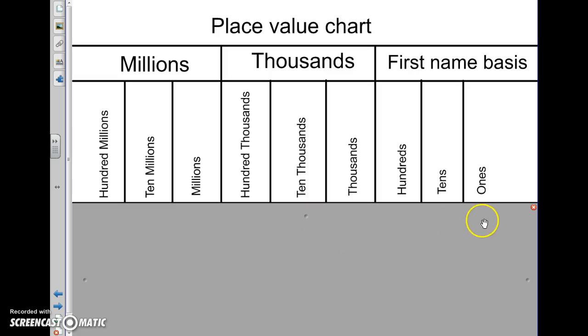The pattern that I'm sure you've seen before is that in each one of these collections, maybe your teachers call them houses or families, it always goes ones, tens, hundreds, ones, tens, hundreds, ones, tens, hundreds, because even though this says thousands, it's really the 1,000s place. The only difference is that here I put first name basis, because we just say this is ones, this is tens, this is hundreds. There's not really a last name.